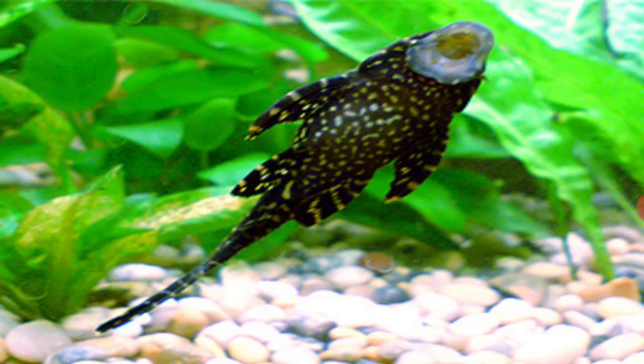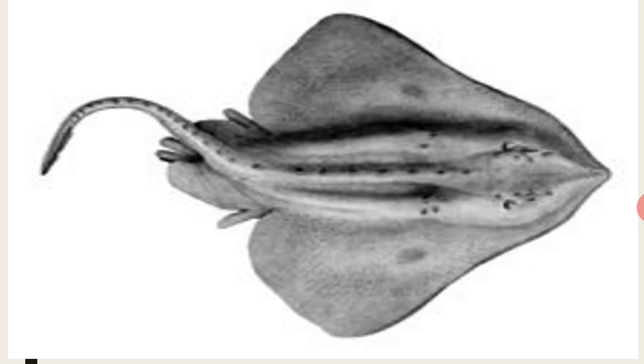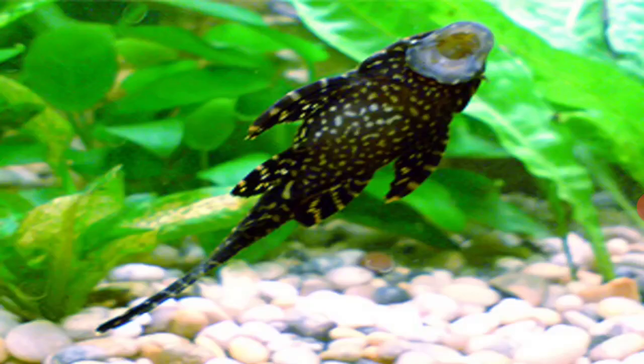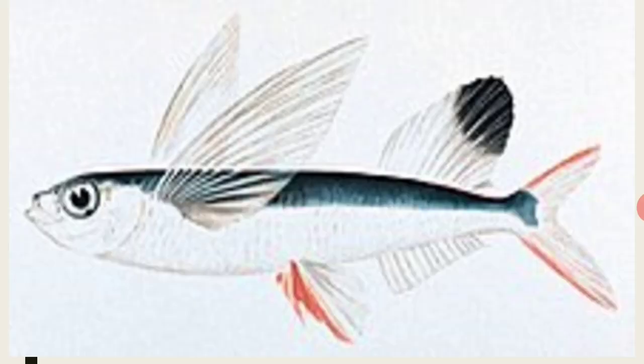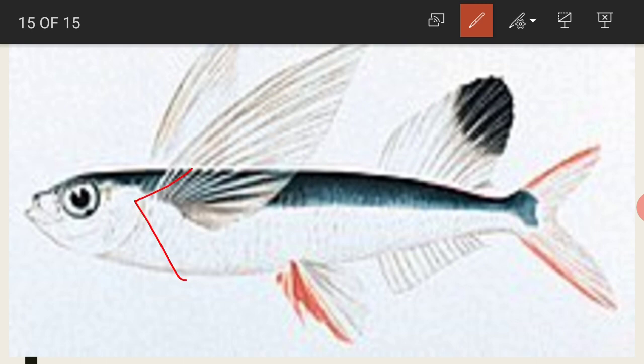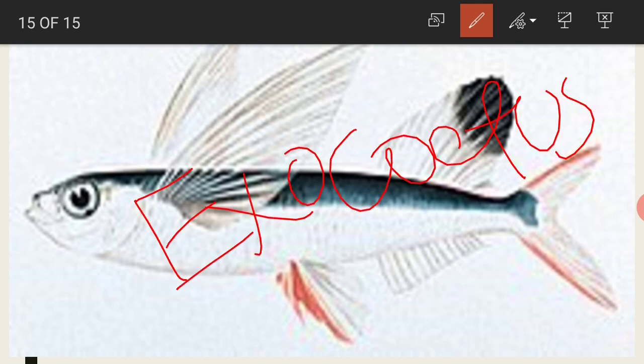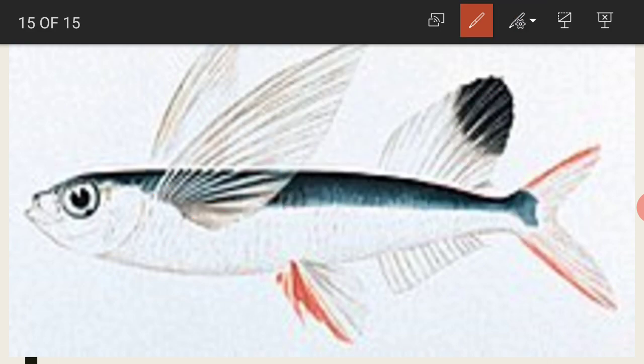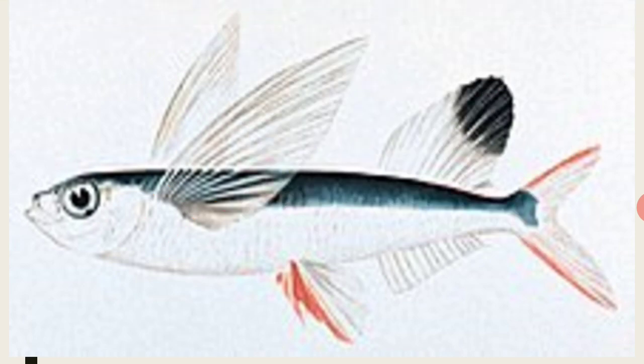So this Exocoetus, Echeneis, they have got certain peculiar structures like sucker and parachute like fins, of course. So Exocoetus is called flying fish. So like that, fishes are classified and categorized into different classes and orders, of course.